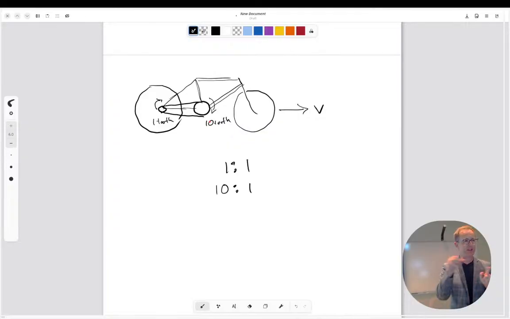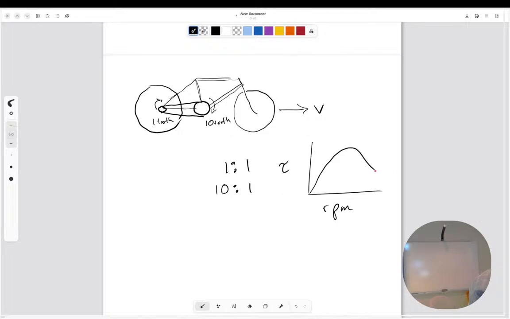Have you ever seen dynamometers for engines? Do you know what a dynamometer is? You have your RPM and your torque. I don't like to draw graphs by hand, but in general, every engine, even ourselves, is some kind of heat engine.